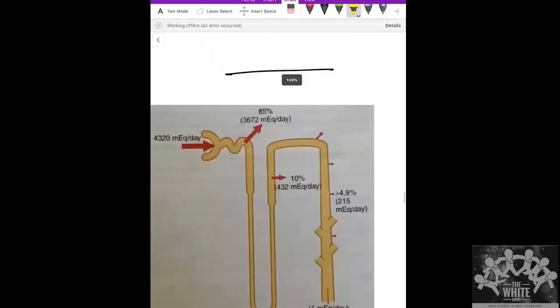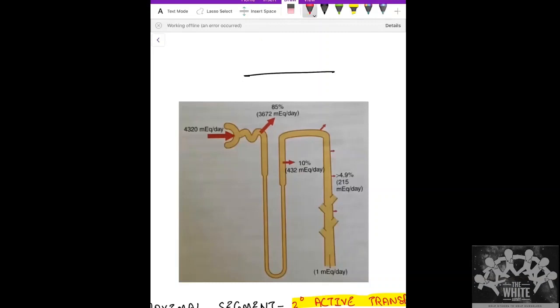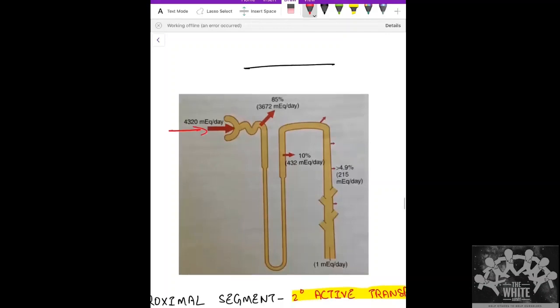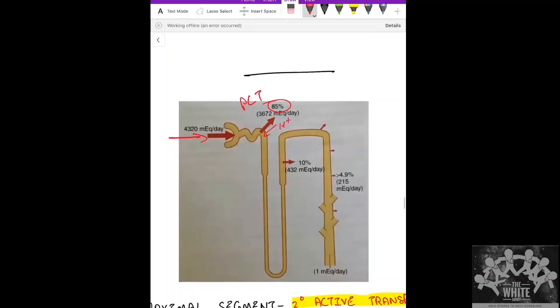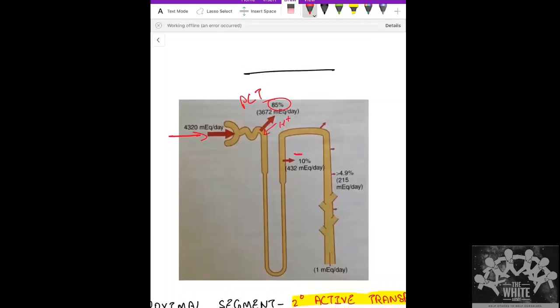See, how does this reabsorption take place? Once HCO3 minus is filtered, 4,320 milliequivalents of HCO3 minus is put into the body. There should be reabsorption. In the PCT, almost 85% will be reabsorbed, and this much amount of H plus will be secreted. Again, in the DCT, 10%.